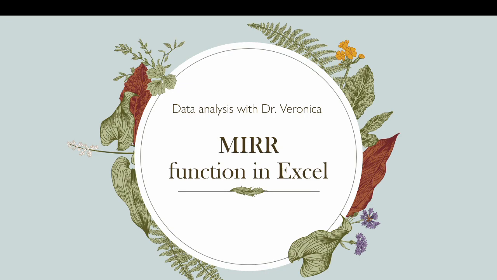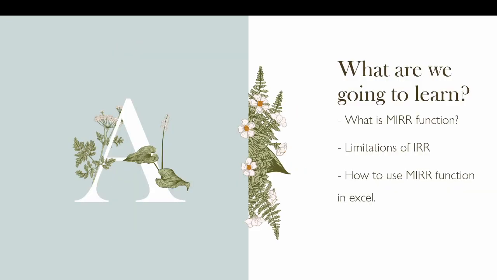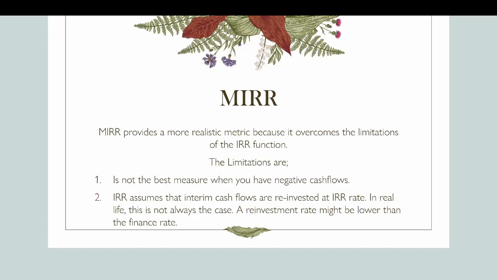In this video, we will look at the MIRR function in Microsoft Excel. We will see what the MIRR function is, we will look at the limitations of the IRR, and we will see how to use the MIRR function in Excel.